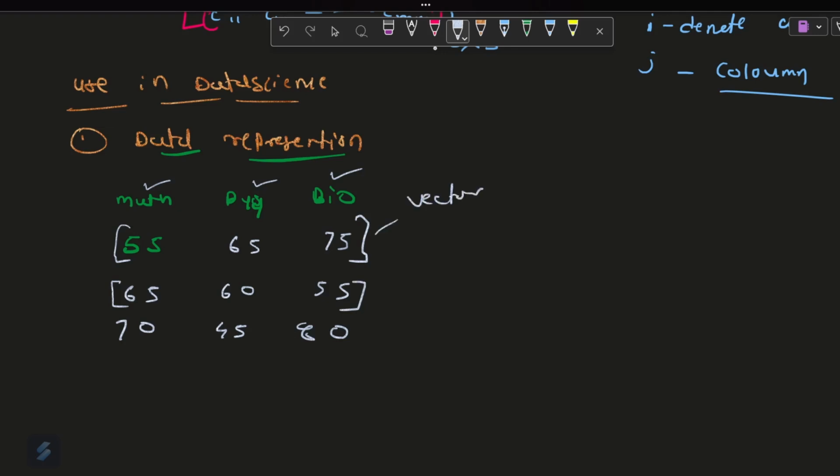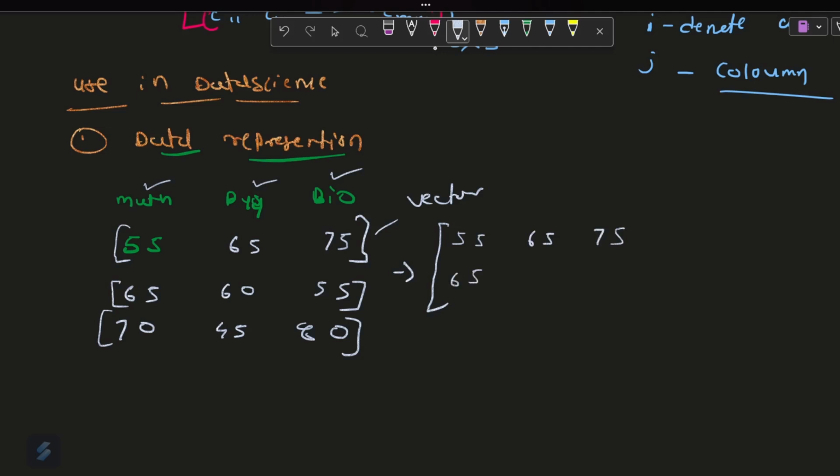Math, physics, and bio are the first, second, and third vectors. Converting to vector form, it looks like 55, 65, and 75.